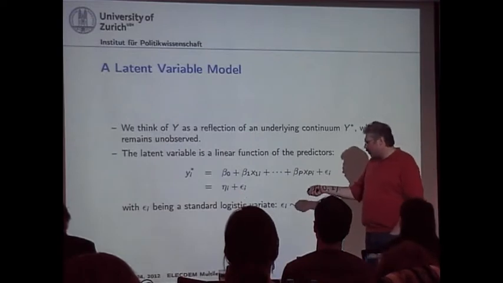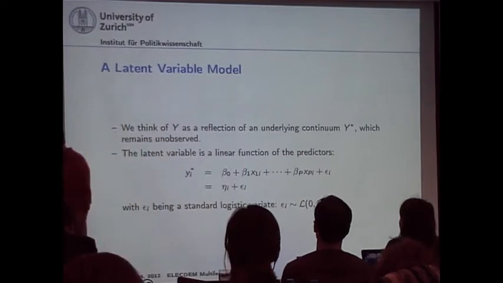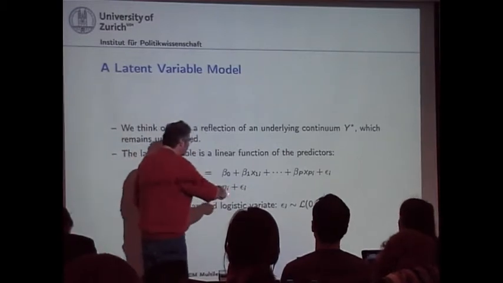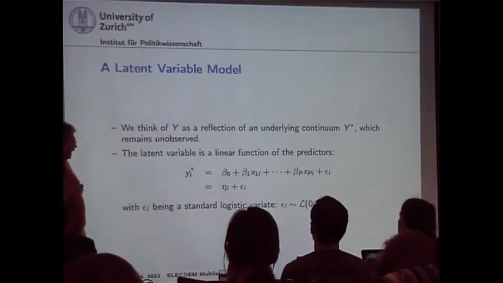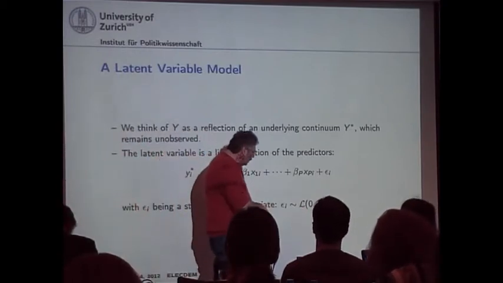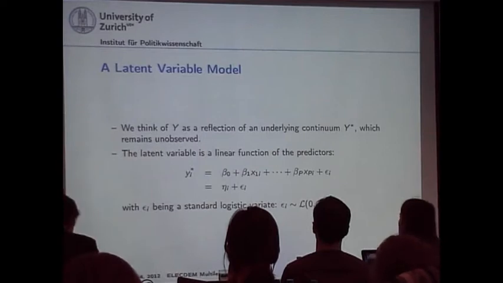And then there's an error term, this epsilon i, which is random variation. Literally things that influence Y star, but that are not included in the linear predictor. And for this epsilon, I assume a standard logistic distribution, call that L here. Standard logistic means the two parameters of the logistic distribution are set to 0 and 1 respectively.